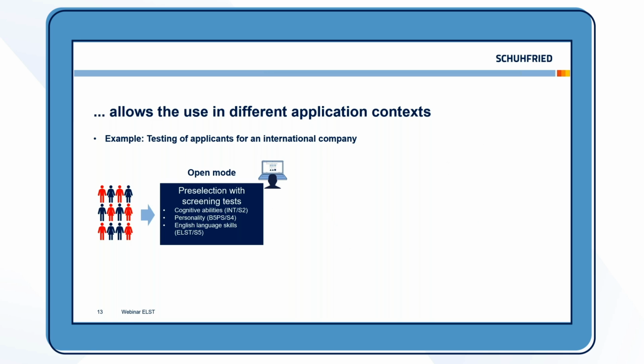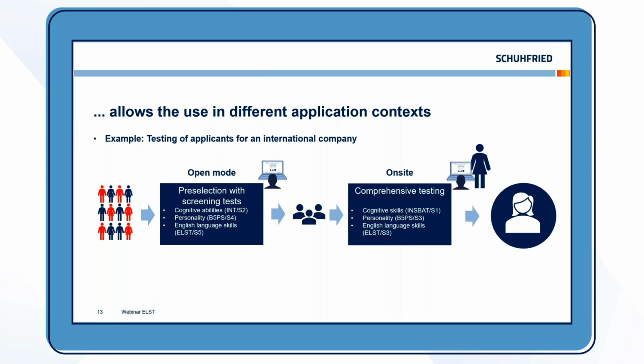For example, here we combine the screening form of ELST with other screenings such as INT to make an initial pre-selection and then to invite only a small pool of applicants to an on-site testing with a more comprehensive test battery. This, of course, also saves time and costs, but ultimately also improves your selection process.